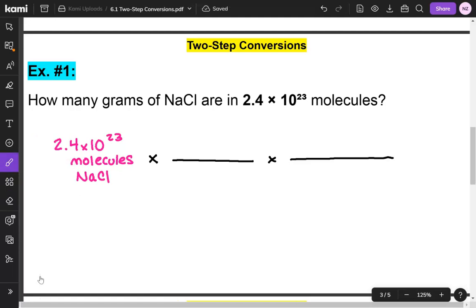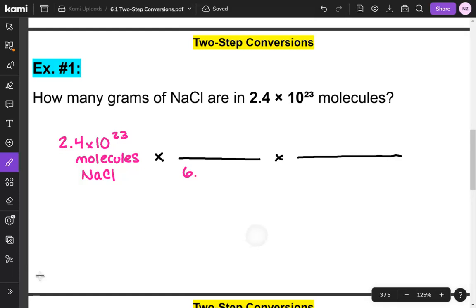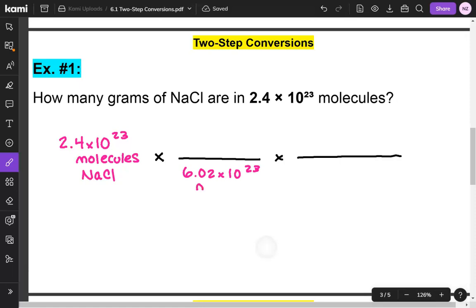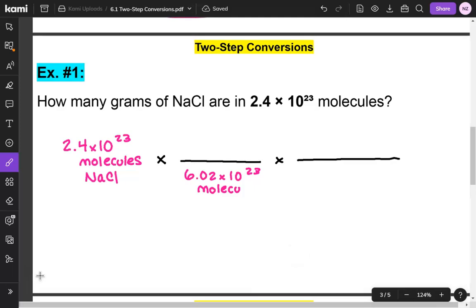First, let's go from molecules to moles. So we know there are 6.02 times 10 to the 23rd molecules of NaCl in 1 mole of NaCl.